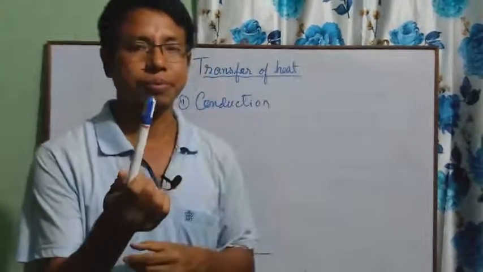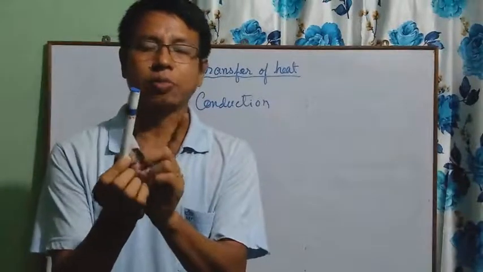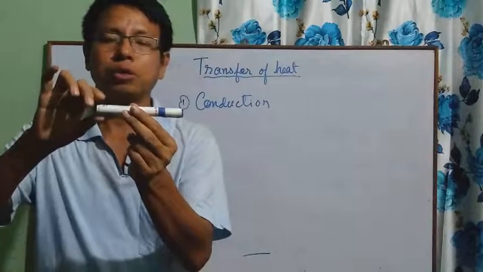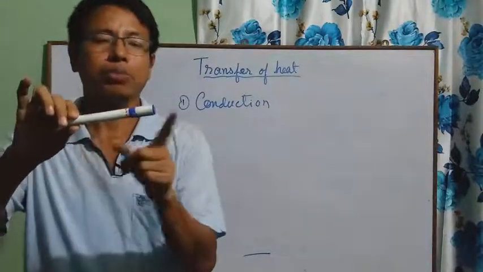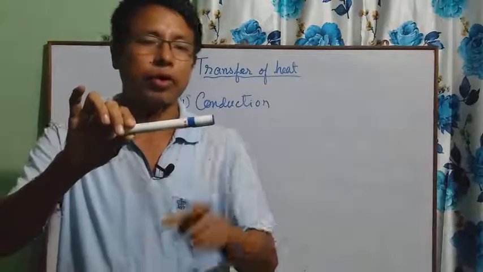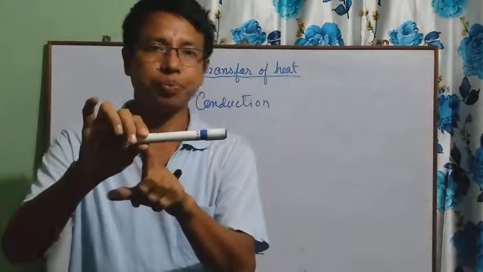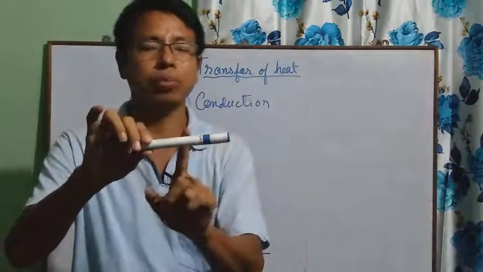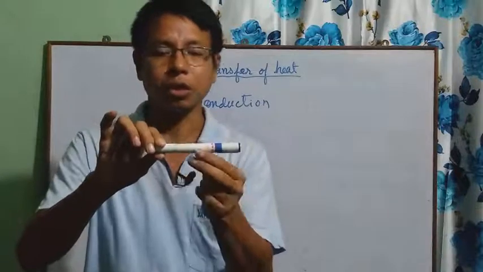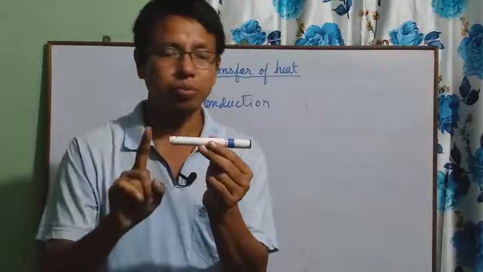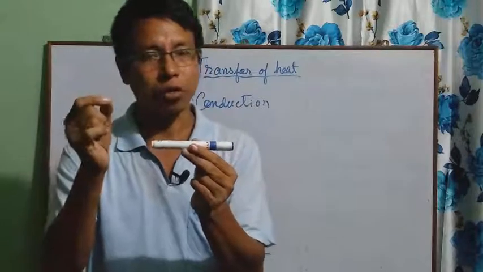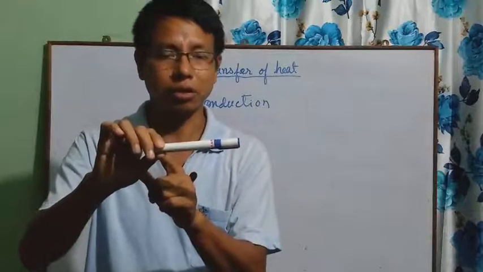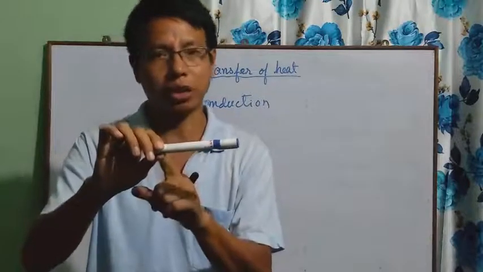Like this pen, it is made up of plastic, and plastic is a bad conductor. When I hold this pen at one end and put the other end in the fire, even though it is burning, I will not feel the heat. I may feel it, but that heat is coming from the air, not through this plastic body, because plastic is a bad conductor. But in the case of that iron rod, it is a good conductor, so within the body heat will come by conduction from particle to particle and then to the next particle.